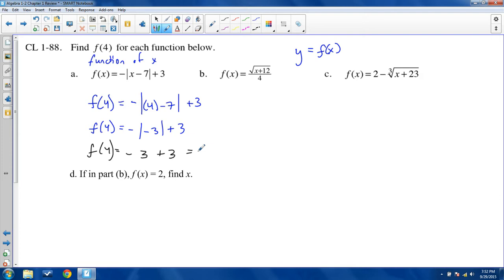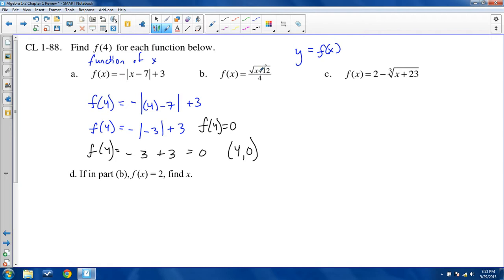Negative 3 plus 3 is 0. So f of 4 equals 0. In other words, 4 was your x value, 0 was your y value. This is a point on the graph of negative absolute value of x minus 7, plus 3. So make sure you understand those are just x, y values. We're not doing anything too fancy. It's just a fancy way of putting it.